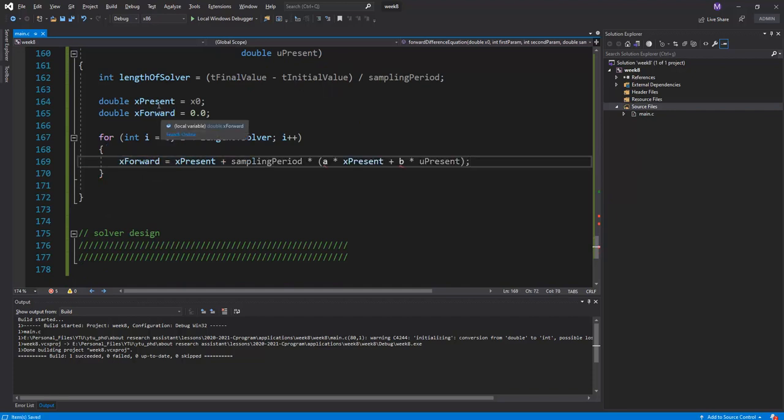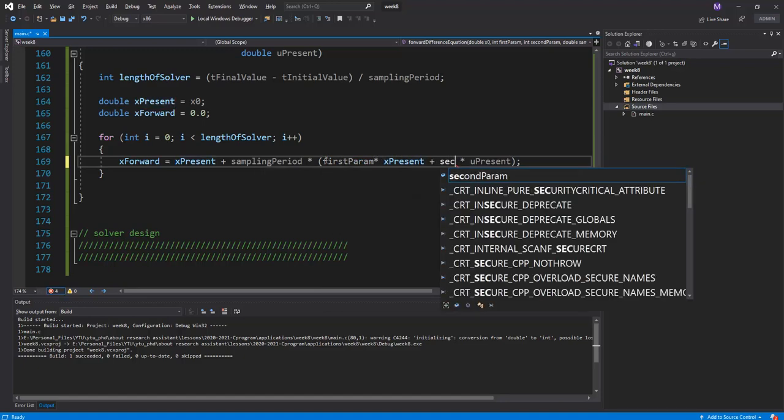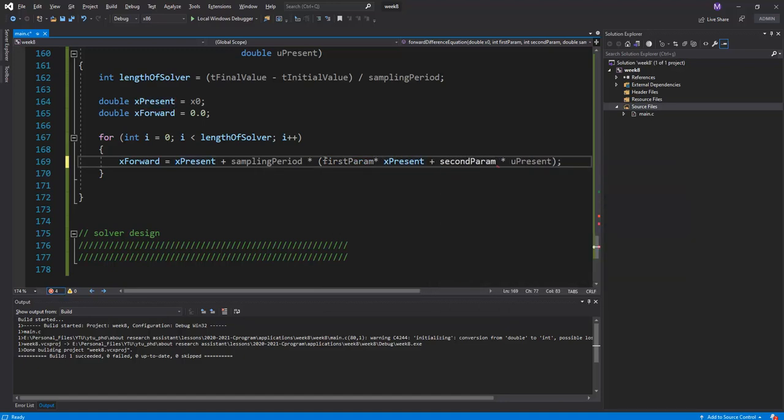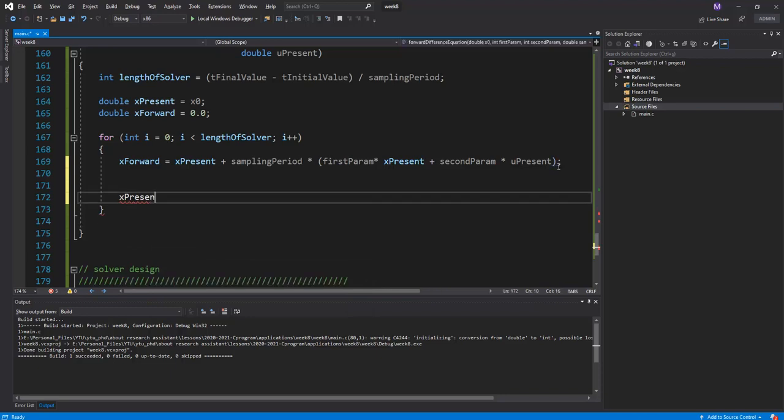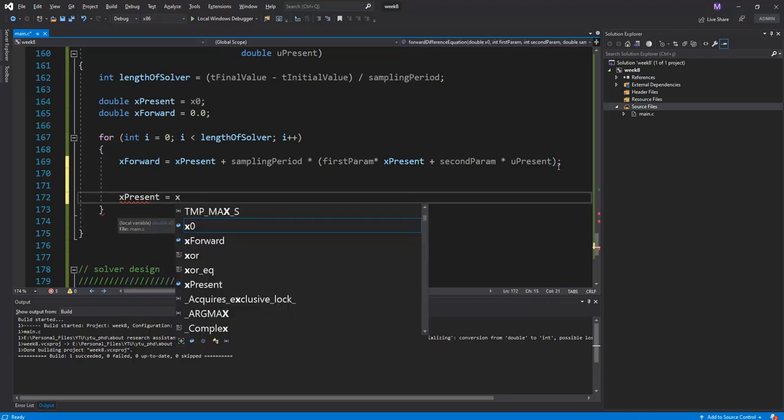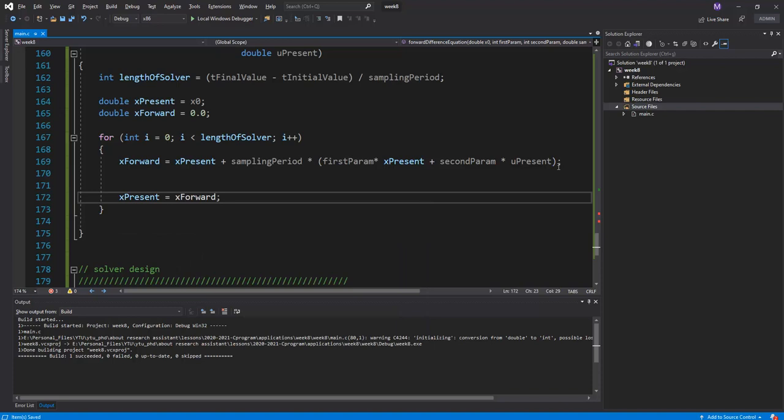Because the x forward is defined in here, x present with the initialization of the x0 is given in here, and a is equal to the first param, and b is equal to the second param. This is our general solution. And so in each iteration, x present value is equal to the x forward value. Update the variable.